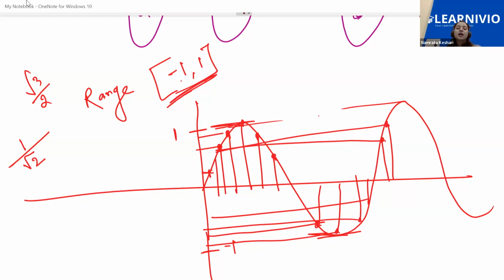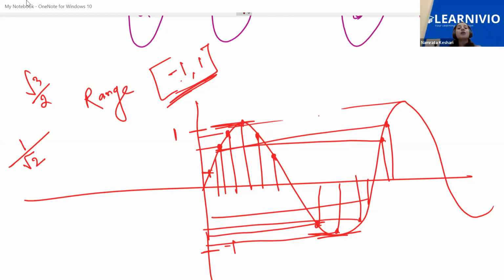One period consists of 2 pi radians. Also, what is the domain of the sine function, what is the range? Domain means anything can be taken as x, because the graph will keep on going like this till infinity, and towards the left side till minus infinity. That's why for x we can take any real number.